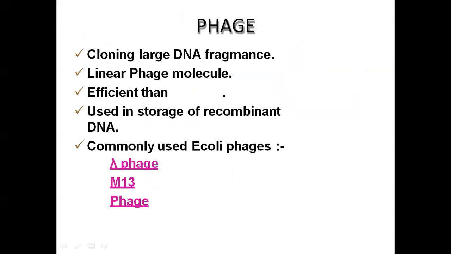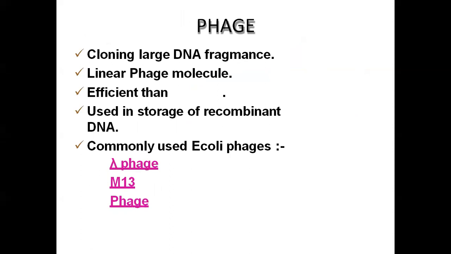Next is the phage. Phage is also a very common cloning vector, for cloning large DNA fragments. That means in phage, you can clone a large DNA molecule or large gene. Suppose you are working with a 100 base pair gene, you can use pBR or pUC vectors.